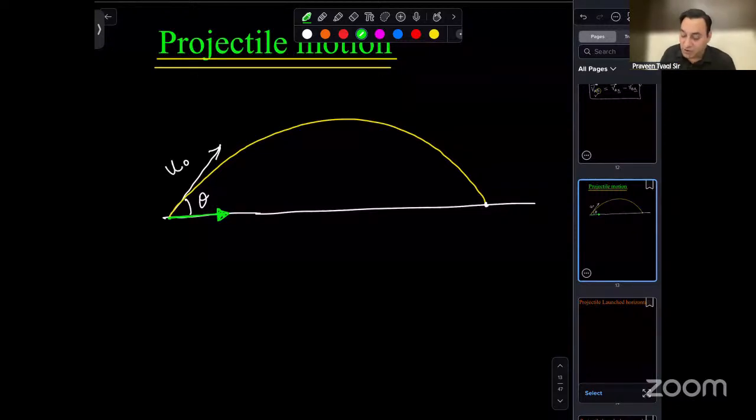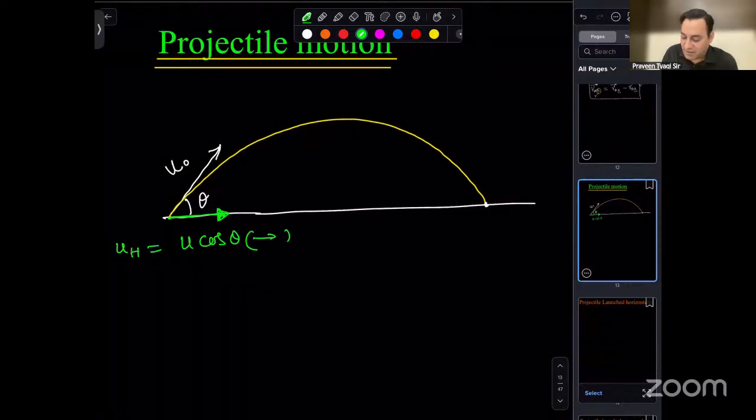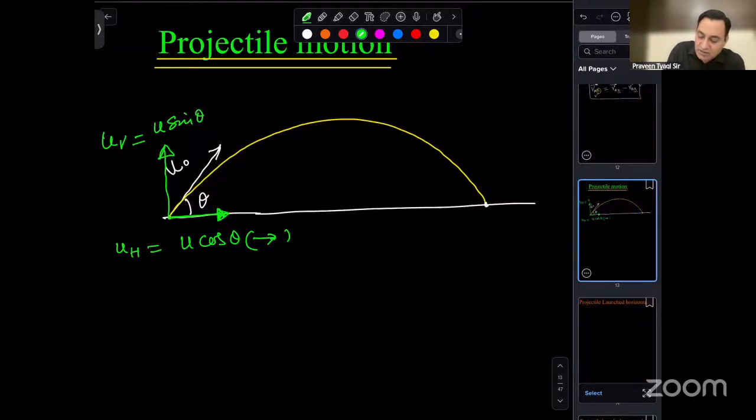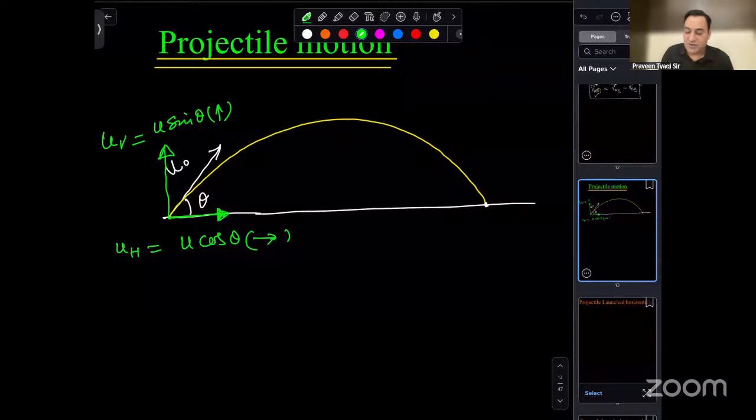I want everyone to know this much. Only then will you understand everything else. So the initial horizontal velocity will be u cos theta towards the right. Perfect. What will be the initial vertical velocity? The initial vertical velocity will be u sin theta upwards. This much we know.